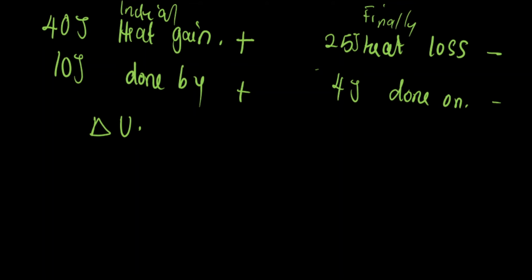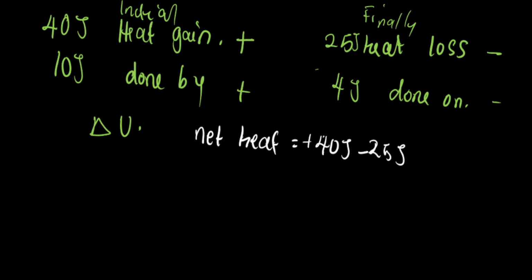In that regard, we could calculate the net heat gained or lost by the system, which is the sum of all the heat gain or loss. Heat gain is positive, so we have positive 40 joules, and heat loss is negative, so negative 25 joules. This is 40 minus 25, which gives us 15 joules.